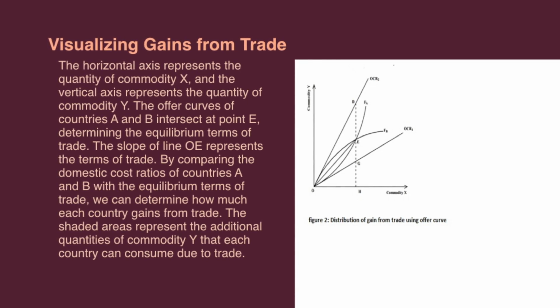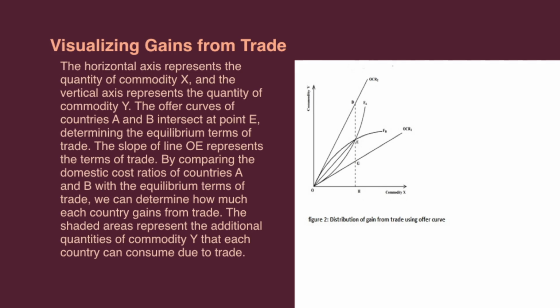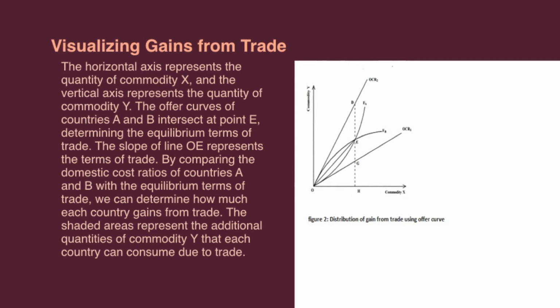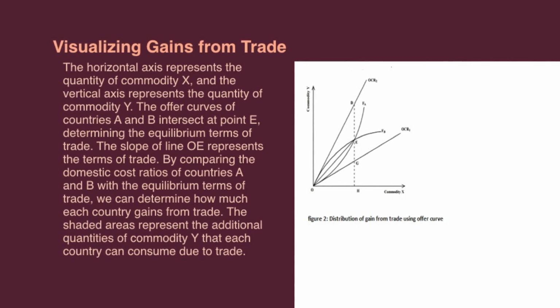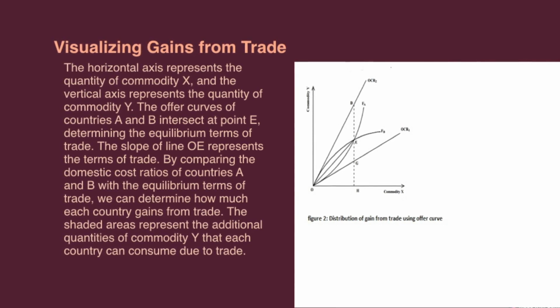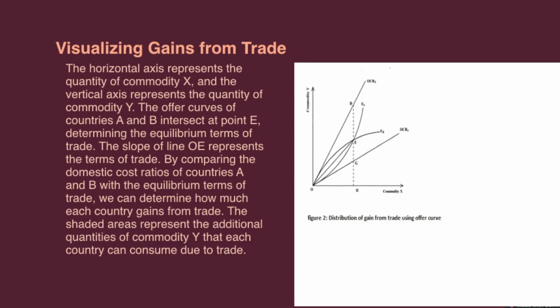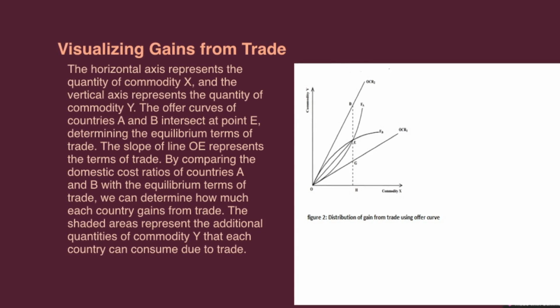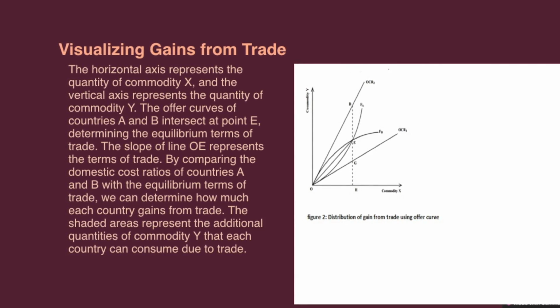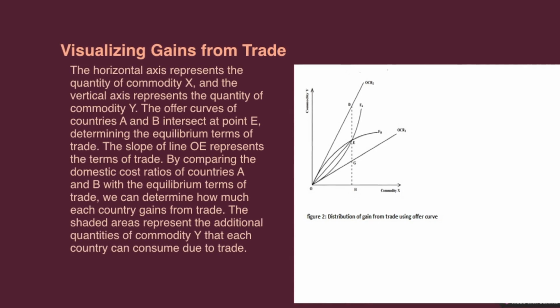On the other hand, the domestic cost ratio for country B is DH units of Y and OH units of X, as shown in figure 2. But country B imports OH units of commodity X in exchange for EH units of commodity Y. So due to trade with country A, country B could gain DH minus EH.